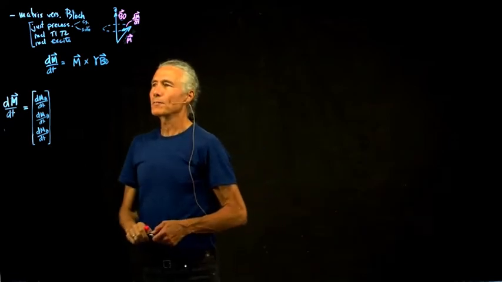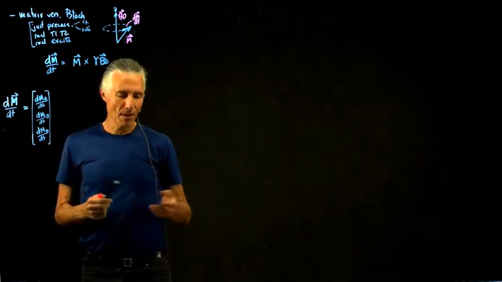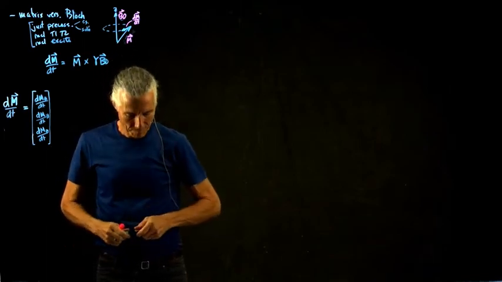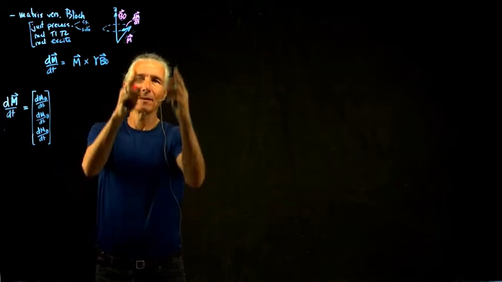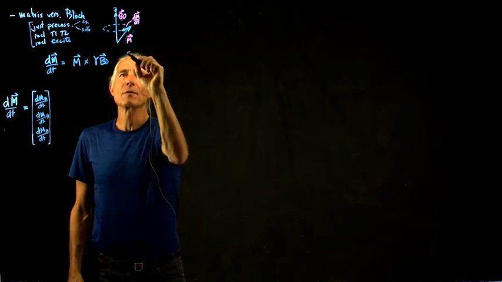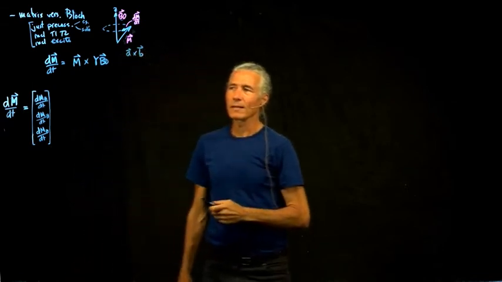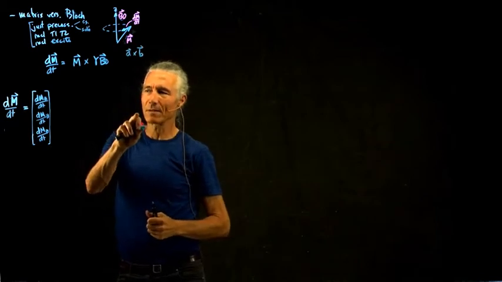You might remember when we were looking at how you would do that, we wrote out A cross B as a matrix operation, a matrix times a vector.